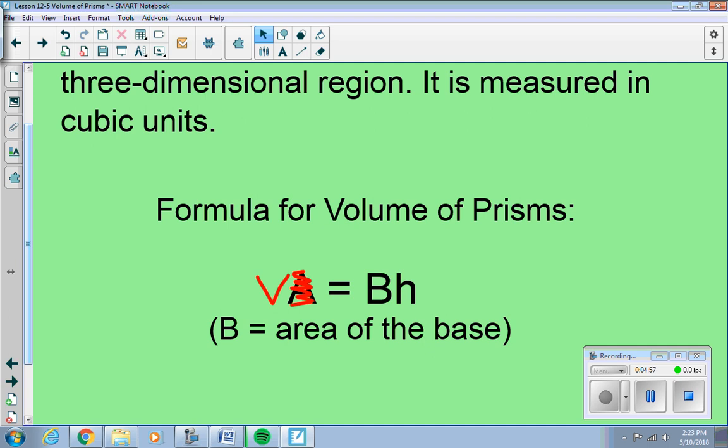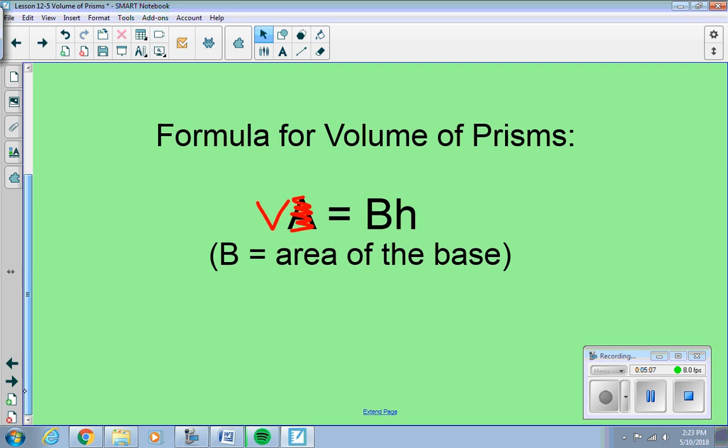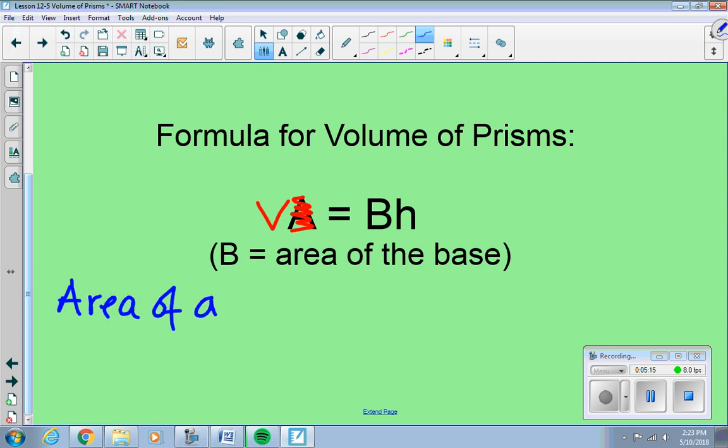One thing that I need to talk about before we do any formula or volume stuff is how to find the area of a triangle. Anybody remember? Yeah, base times height, little b times height divided by 2. That's to find the area of a triangle.